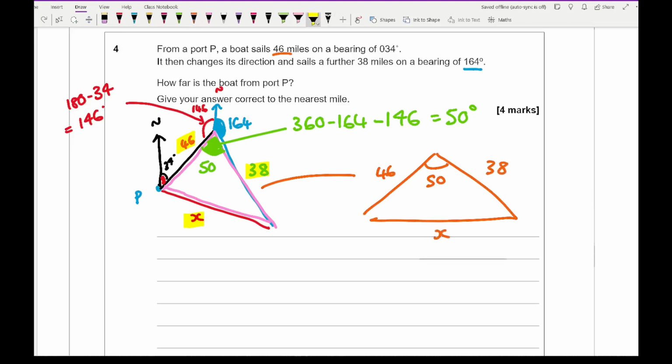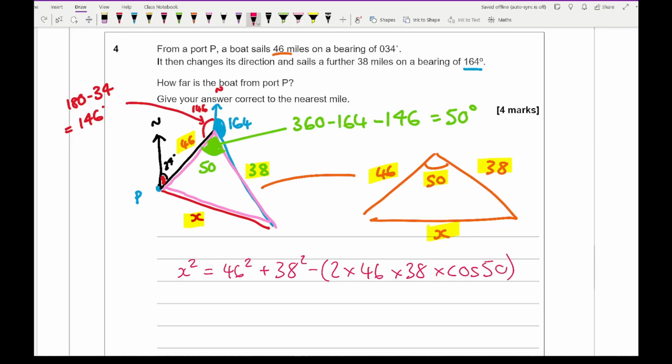Now as I mentioned before, we've got 3 sides and an angle, so I'm going to be using the cosine rule. So then substituting numbers in, I've got x squared equals 46 squared plus 38 squared minus 2 times 46 times 38 times cos of 50.